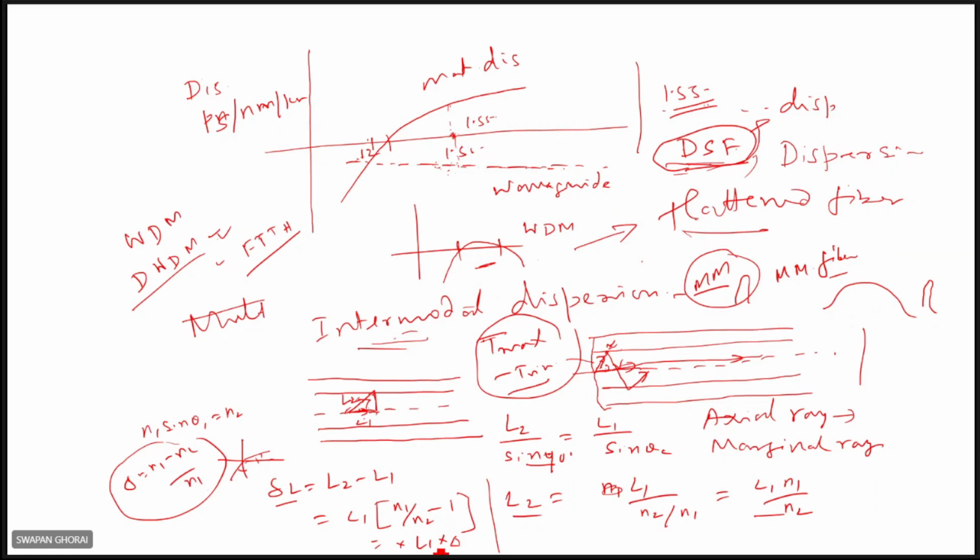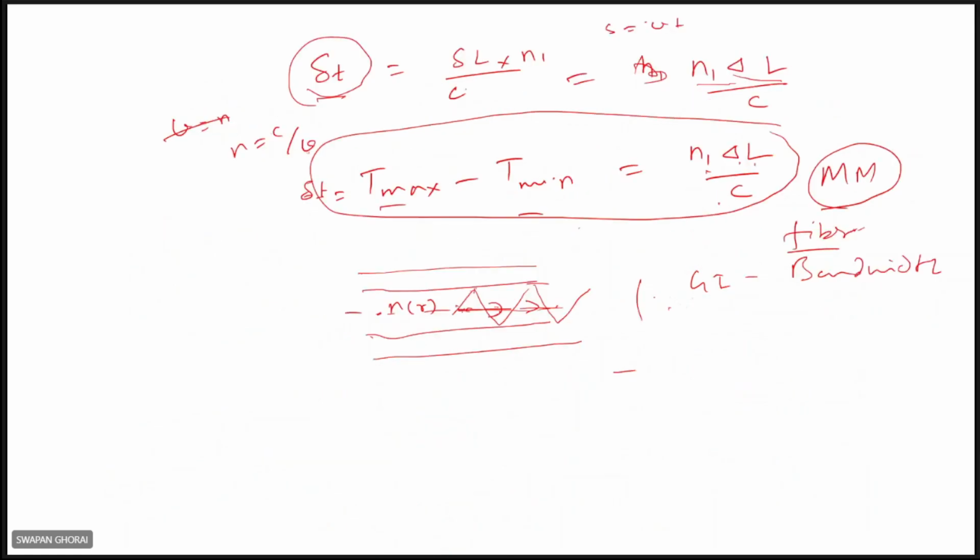And so delta T, the time difference, will be delta L into n, the refractive index of the medium, divided by c. S equals vt, but here S should be multiplied with the refractive index of the medium, n1. So ultimately you are getting n1 delta L upon c.